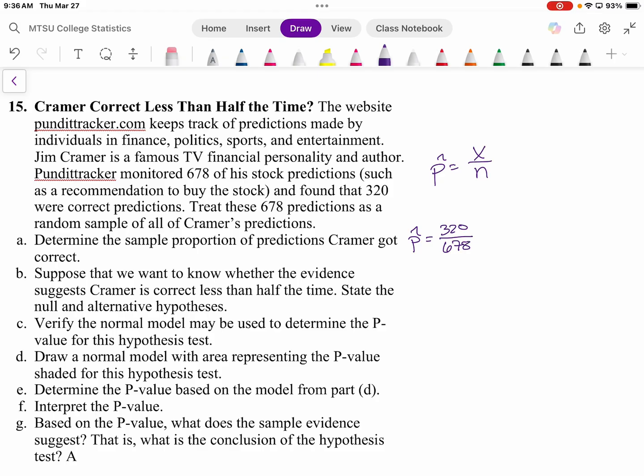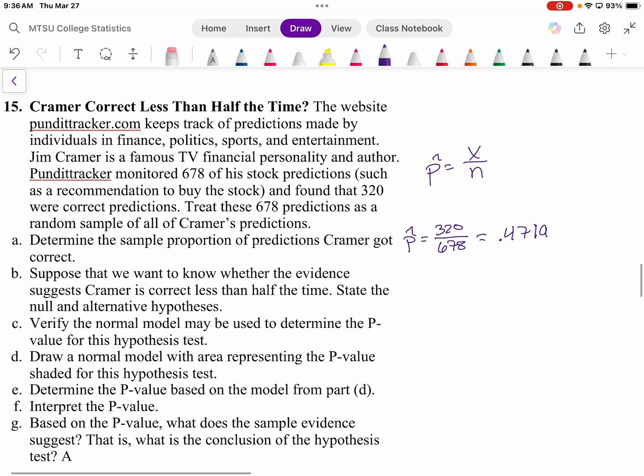So on a sidebar calculator, I'm going to divide that out real quick. It's 320 divided by 678, and I'm going to take it out to 5 decimals: 0.47198, because the 7 made me go up. So there's our p-hat. That's our sample proportion.